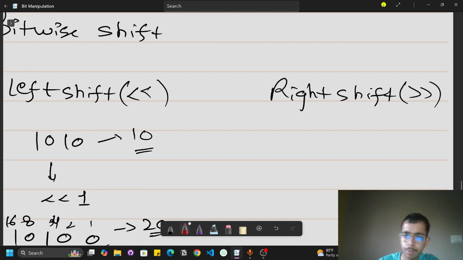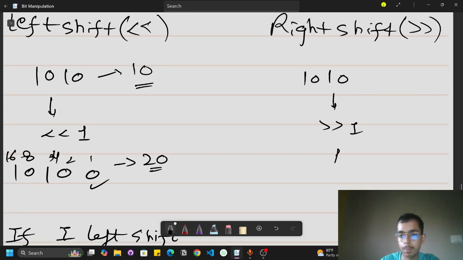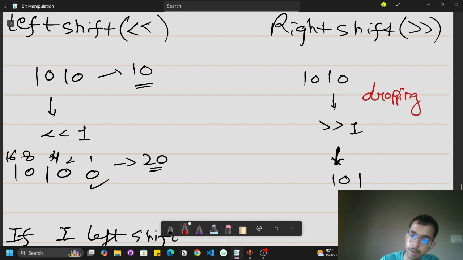So what do you think about right shift? If it is 1010, then if I right shift it by 1, the number becomes 101. This is like you are dropping a bit from the end. Right shift is dropping a bit from the end.